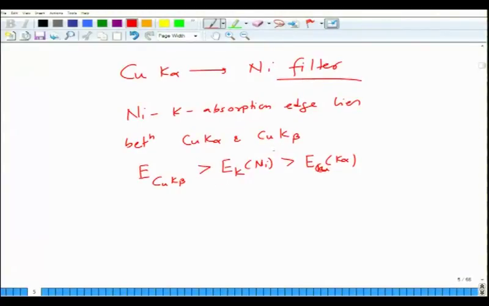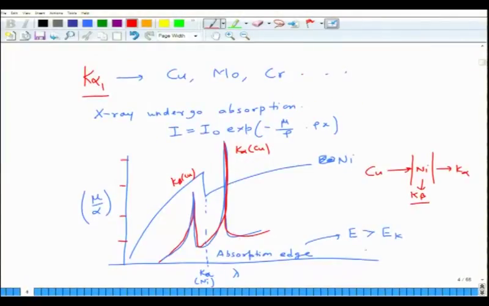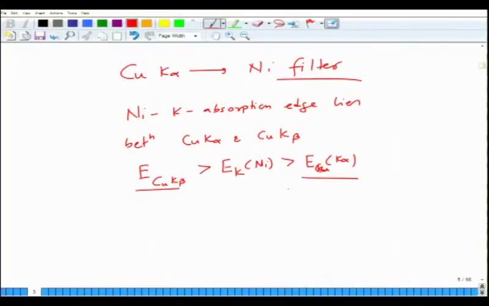So, basically it will absorb this, but not that, because the lambda has a different relation. The lambda of Cu K alpha is higher than the lambda corresponding to the absorption edge, which means the energy of the absorption edge has to be higher than the energy of Cu K alpha. So, the energy of the absorption edge of nickel is higher than Cu K alpha, but it is lower than Cu K beta, which is where it has high absorption.